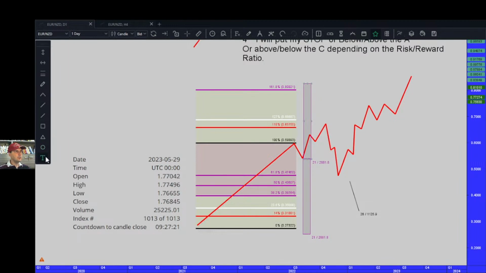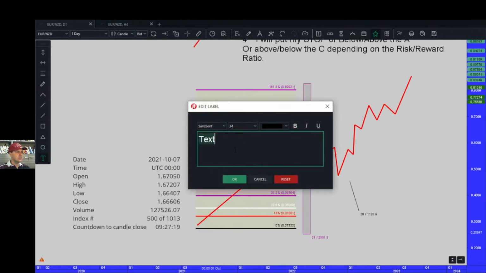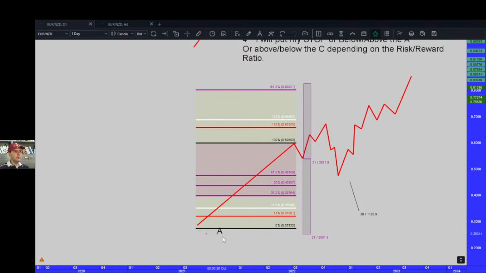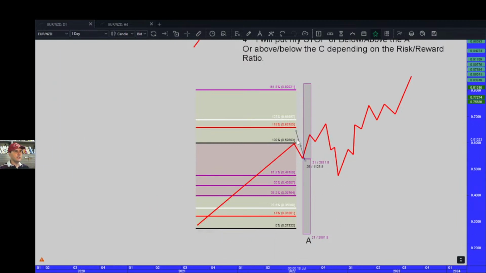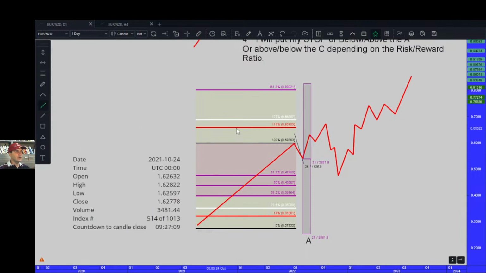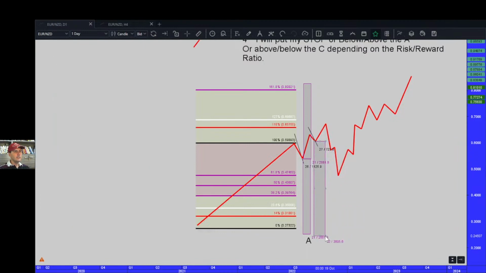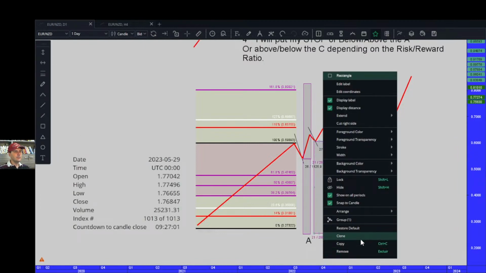Why? Because if the stop loss goes below the A, the stop loss is down in here. And you could have a counter trendline break with all the technicals, this one too. The market is going your way. So if the stop loss is below the A, no entry for you.